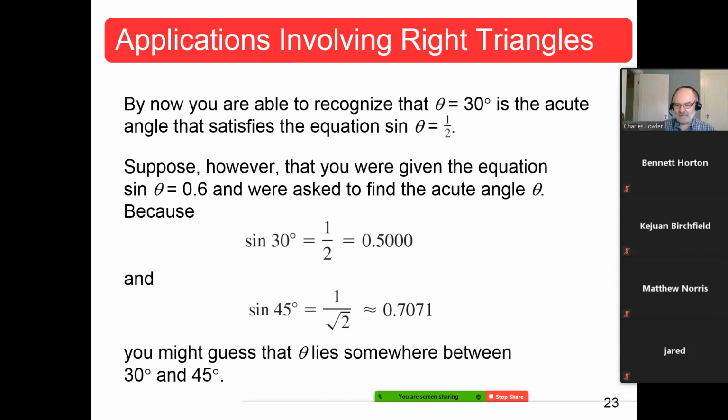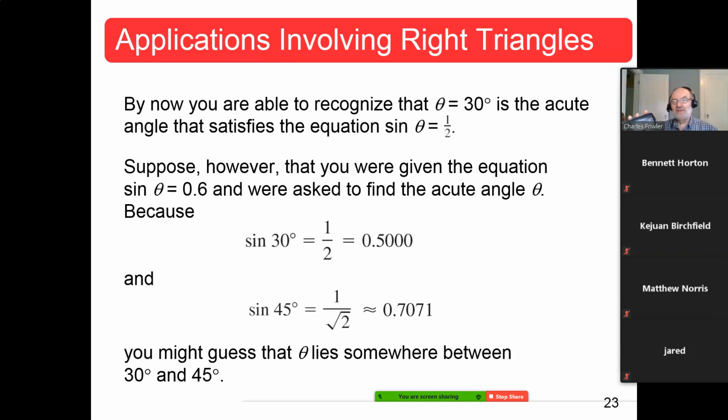Go back to that, turn it sideways. Oh, we're still in the second mode. So let's do 0.6 and take the inverse sine of that. And I get 36 almost 37 degrees.